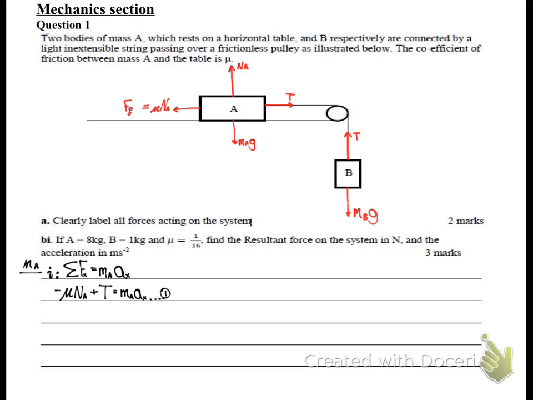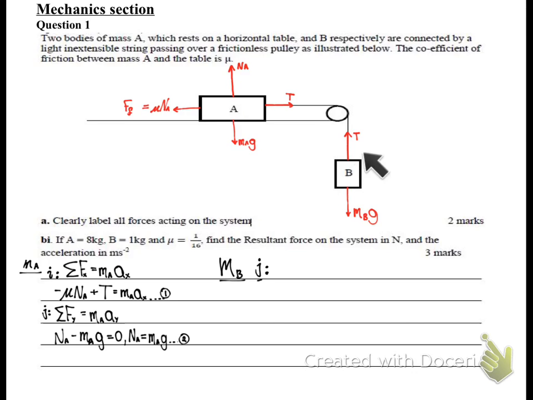So adding it up, we've got negative friction force plus tension force, and in the J component, the sum of the forces equals mass times acceleration, and we have N, the normal reaction force, subtract the weight force, and that's going to equal 0 because there's no motion in the vertical direction, only horizontal. Alright, now from that expression we're able to see that the normal reaction force is equal to the mass times gravity, its weight force. It's a reaction force, so equal and opposite in direction.